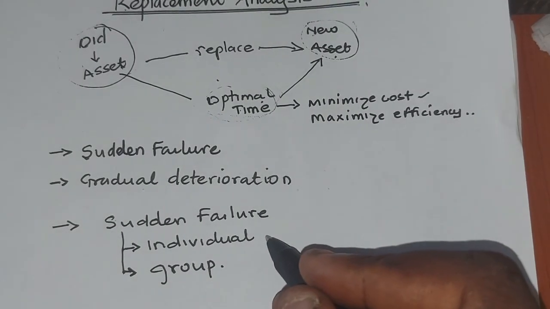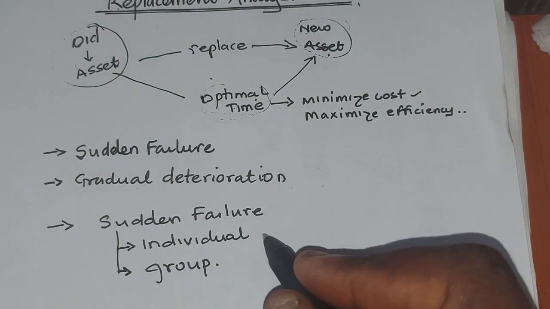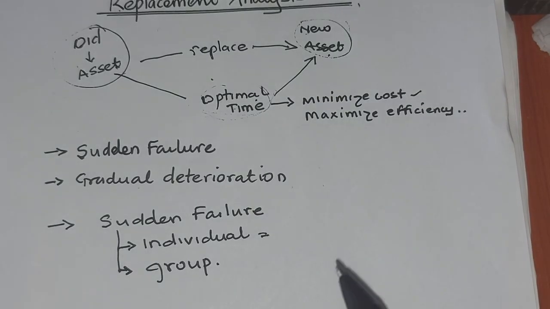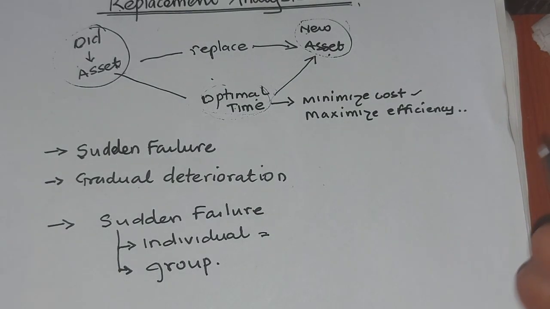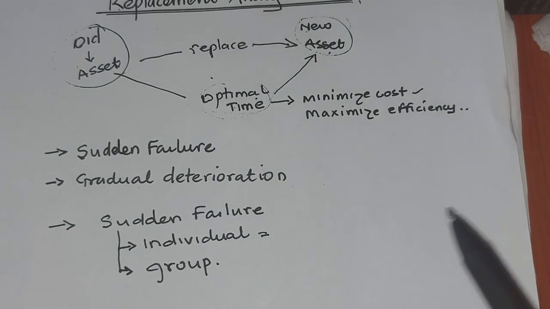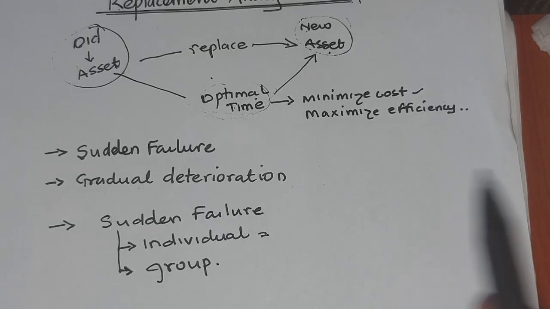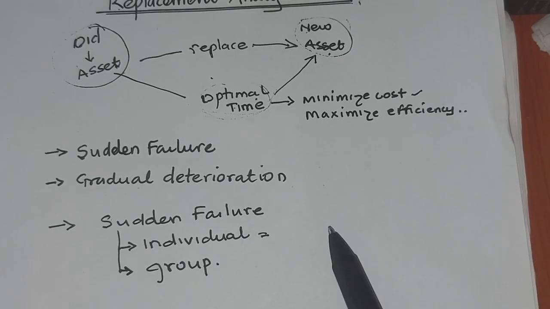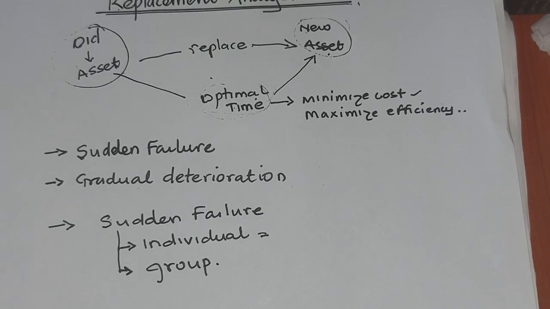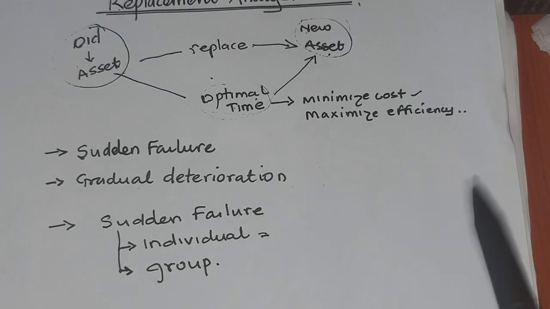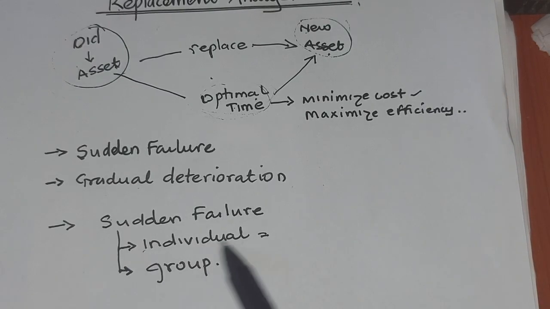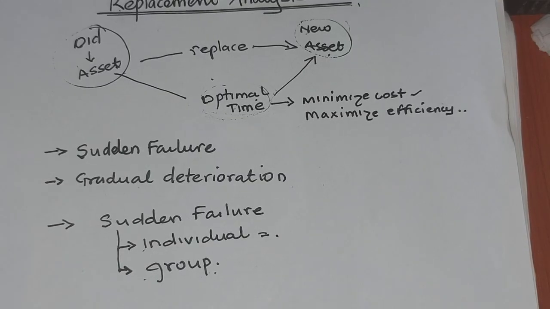So these are the two policies. For individual replacement, what it means is that as the asset fails suddenly, we replace it immediately. As an electric bulb, for example, fails or stops working, we replace it immediately.